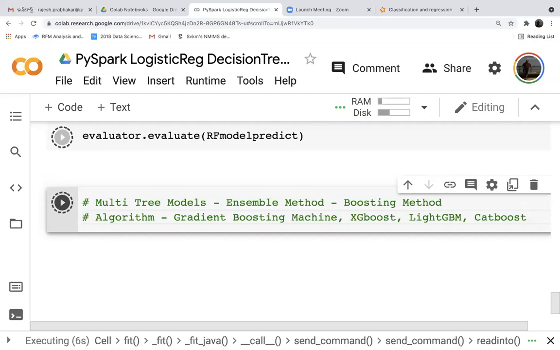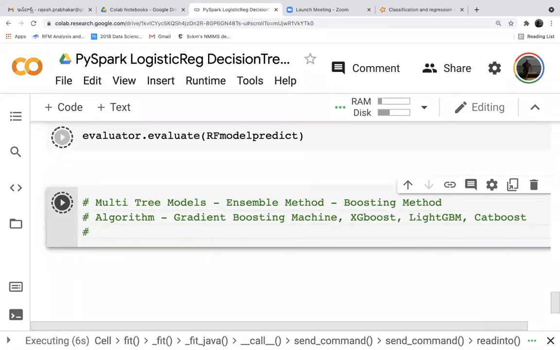GBMs are very powerful. They are designed exclusively for increasing the accuracy of the model. This is both a regression as well as a classification algorithm.